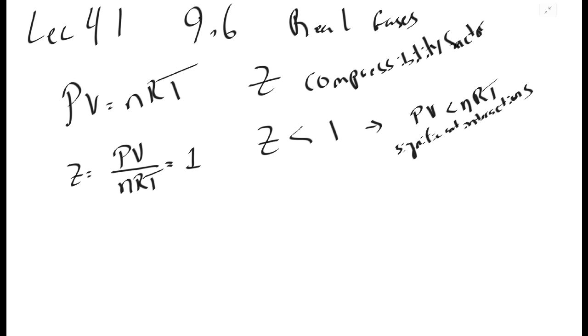Remember, that was one of the laws in kinetic molecular theory, that gas particles only interact through collisions. That's not the case for real gases. The particles do interact. So what happens is that you get attractions between the particles that decrease their pressure and volume, causing PV to be less than nRT. Okay? So, attractions.